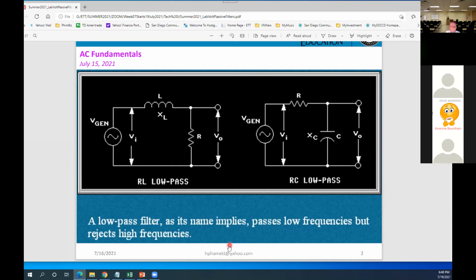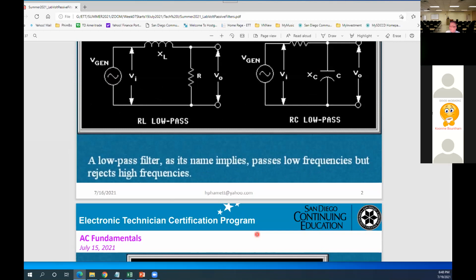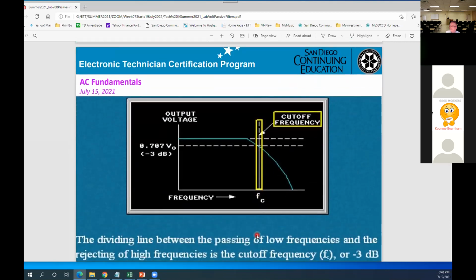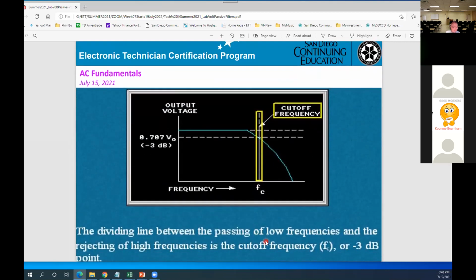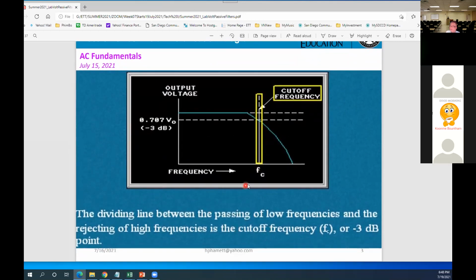Make sure if you want to ask a question or are confused, stop me. I try to explain to you. Now, this is the same thing we already saw. The dividing line between passing low frequencies and rejecting high frequencies is the cutoff frequency, or minus 3 dB point.